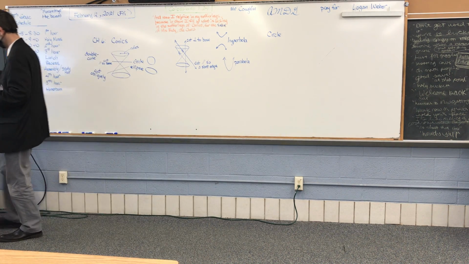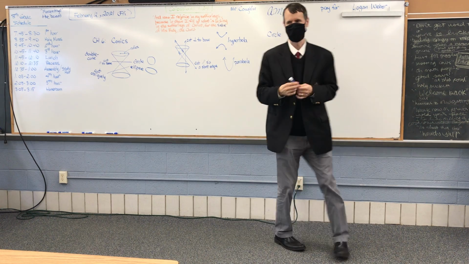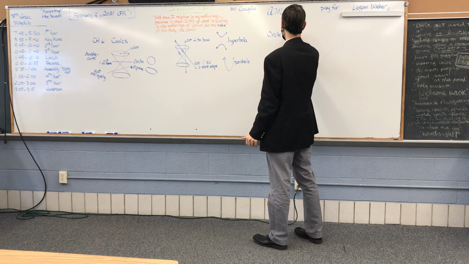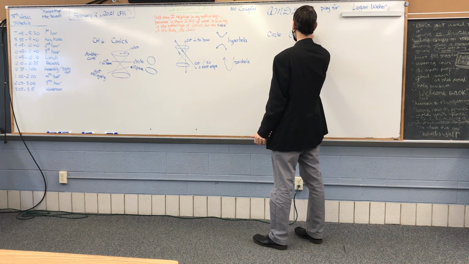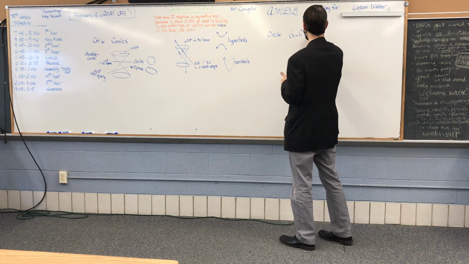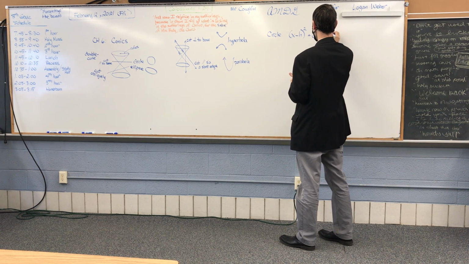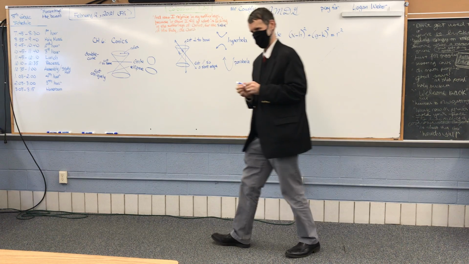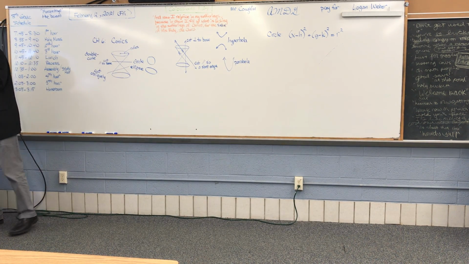The circle has a somewhat different formula, although you will find some of the letters familiar. Parentheses, x minus h, parentheses squared. That looks a little like a parabola. Plus, parentheses, y minus k, parentheses squared, equals r squared. That is the basic form of a circle.